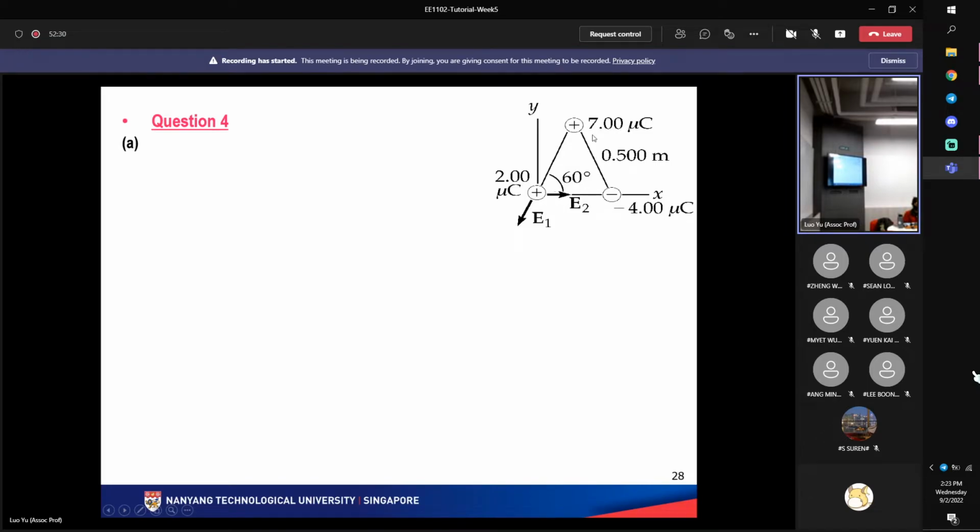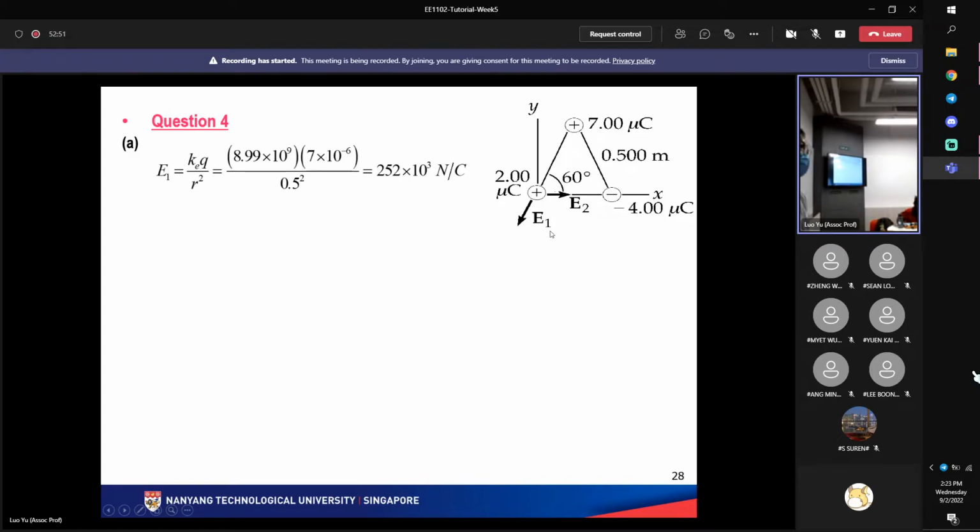Why? As I said, for the positive charge, the electric field should point from the charge out to infinity, while for the negative charge, the electric field should point to the negative charge. This is why the electric field is this way.